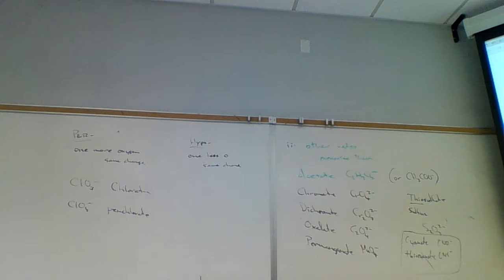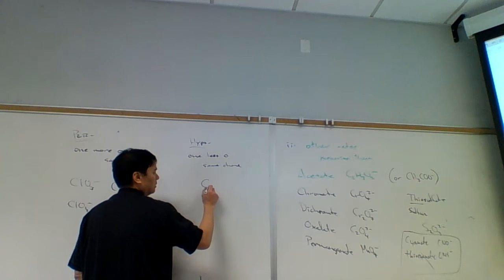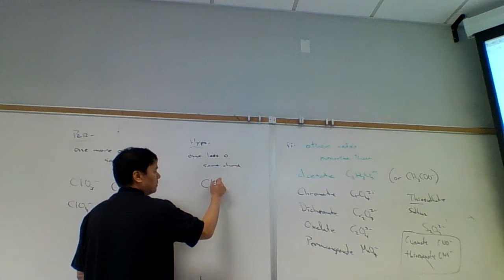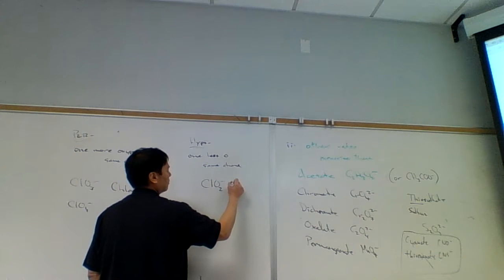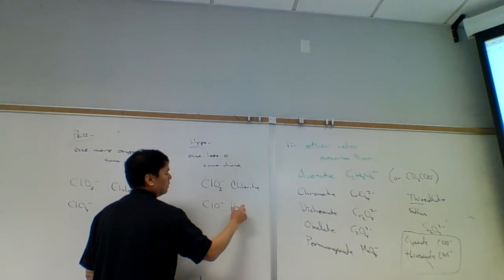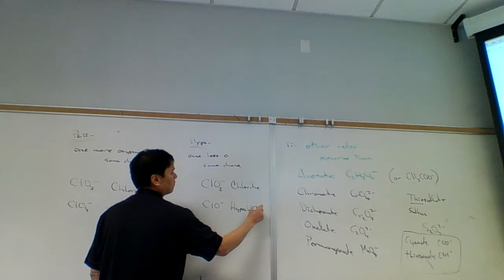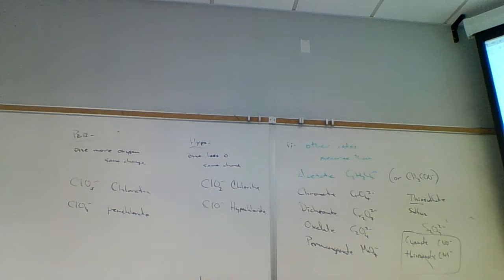Could we call it hypochlorate? No, hypochlorate would be the same thing as chlorite. But hypochlorite is something. Chlorite is 2 oxygens, so ClO minus with 1 oxygen is called hypochlorite. So we have the per and the hypo in addition.